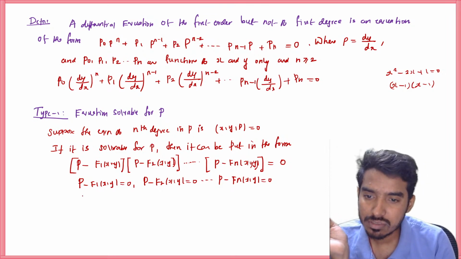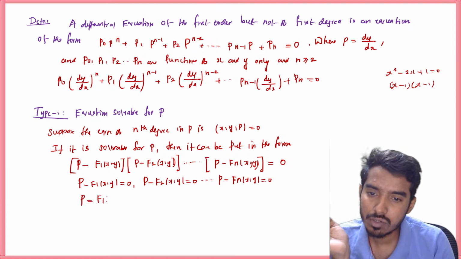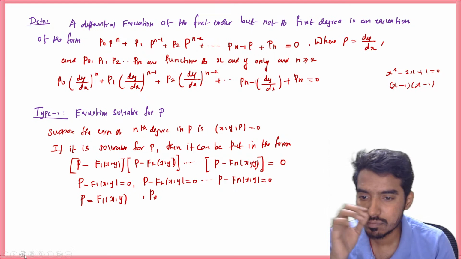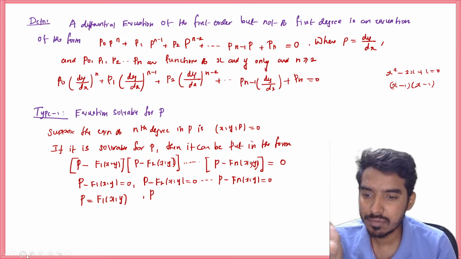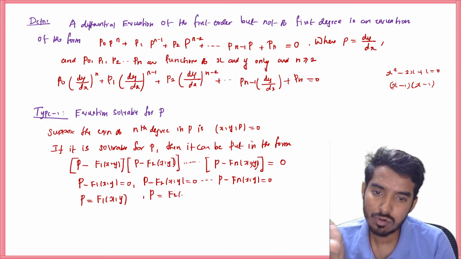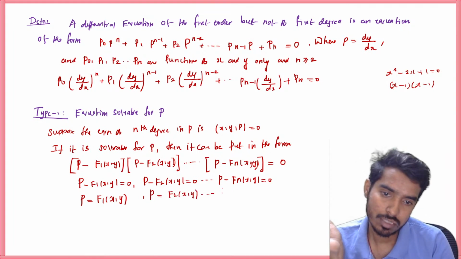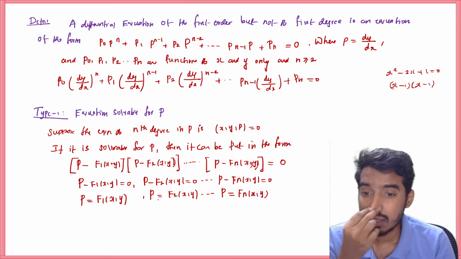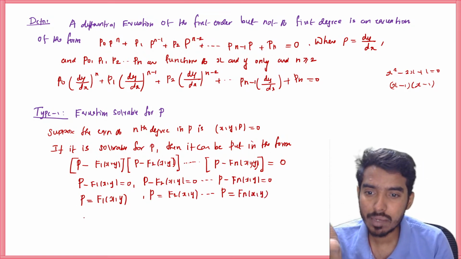Now this is equal to p is equal to f1 of x comma y. Here we have p is equal to f2 of x comma y. So on, here we have p is equal to fn of x comma y. Now we know what is p. P is dy by dx, right?